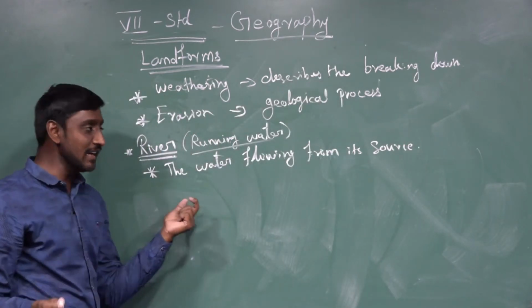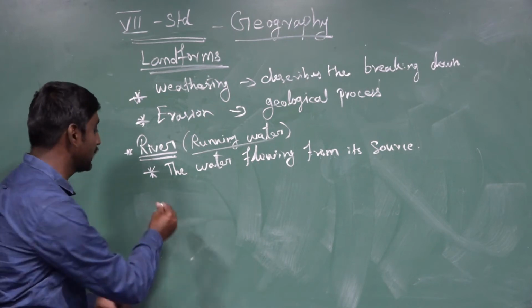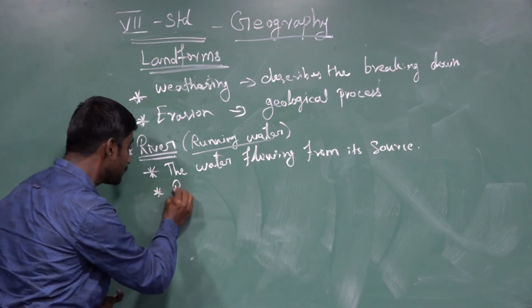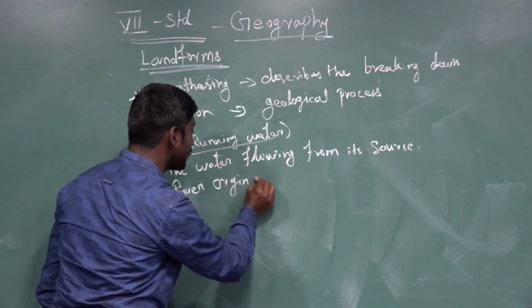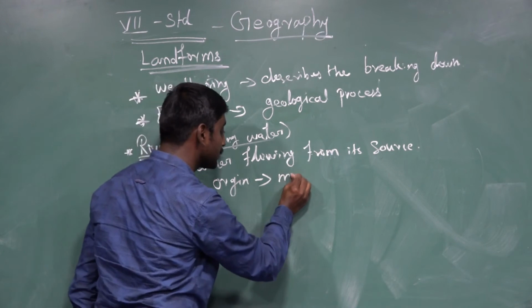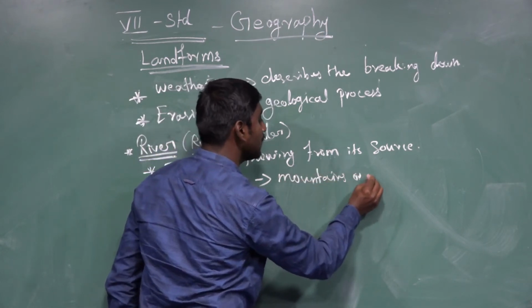Generally, a river originates from mountains or hills.